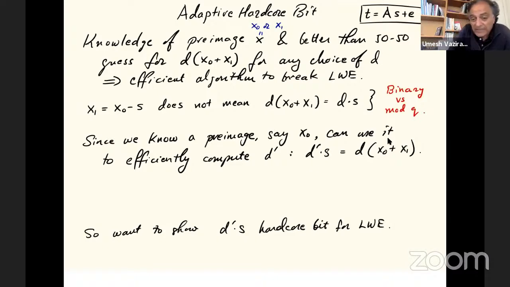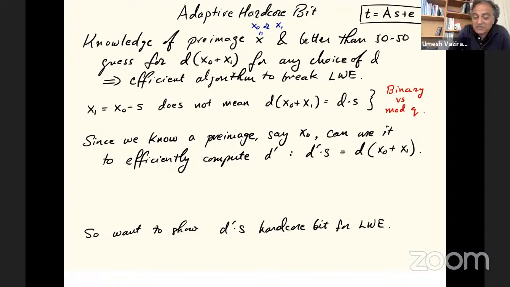Okay, so now saying that you don't have a better than 50-50 guess for d dot x0 plus x1 is the same as saying you don't have a better than 50-50 guess for d prime dot s.